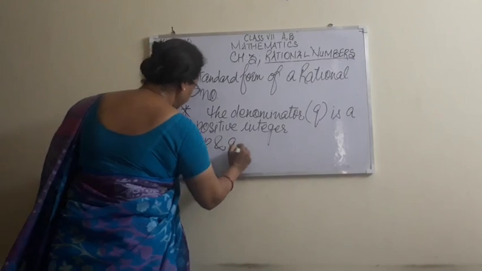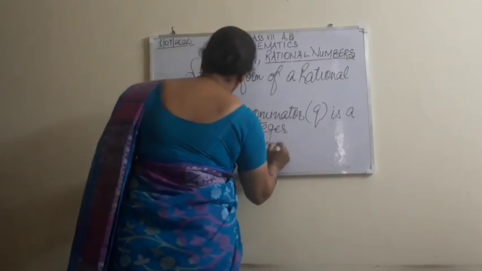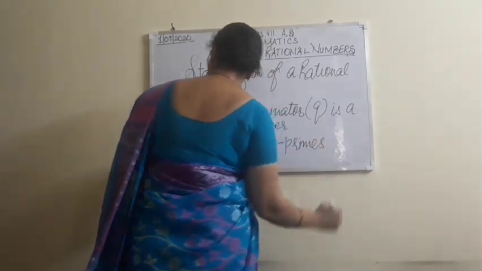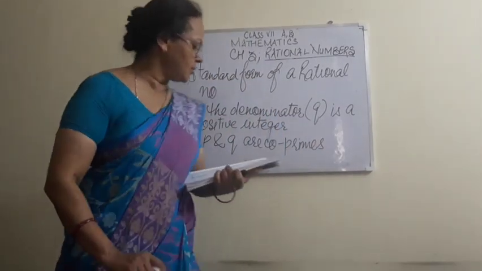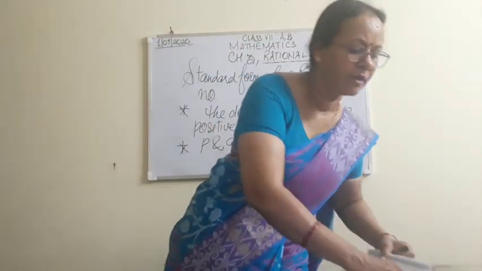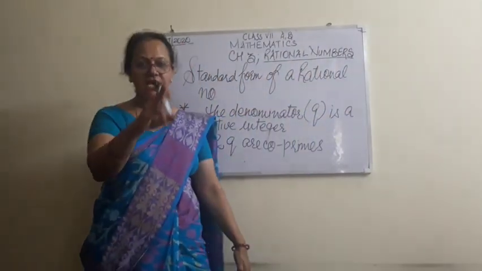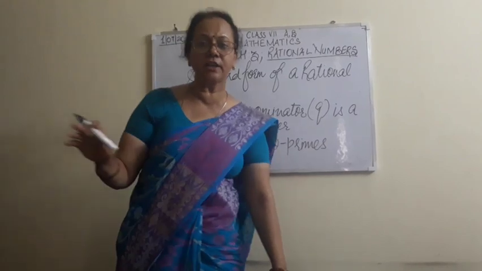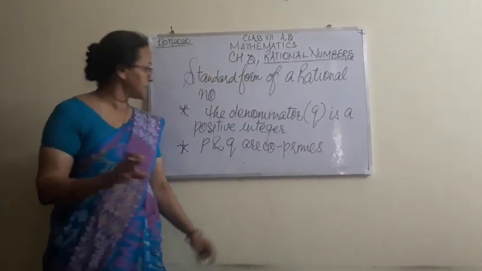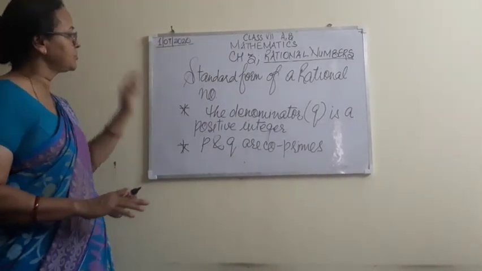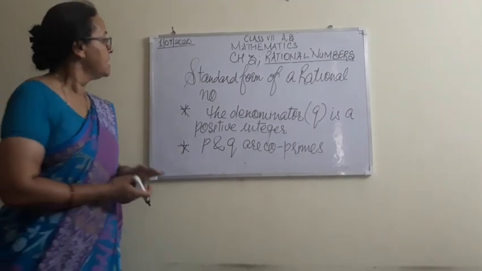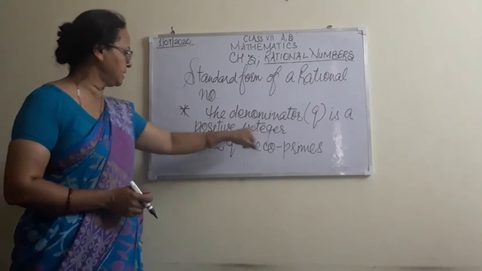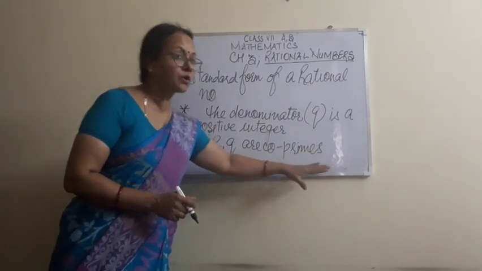Co-prime means they have no common factor other than 1, the numbers having only 1 as a common factor. Is it clear? So what is the condition to make a rational number be in standard form? The denominator is a positive integer and P and Q are co-prime.